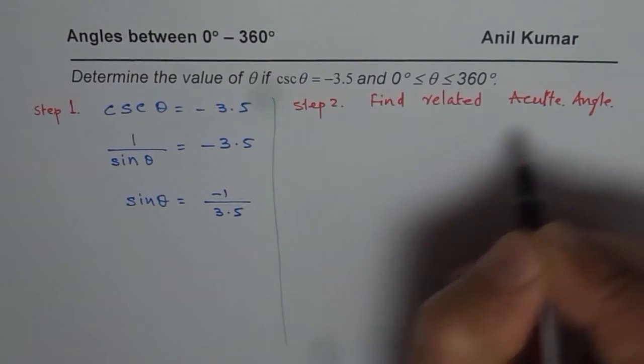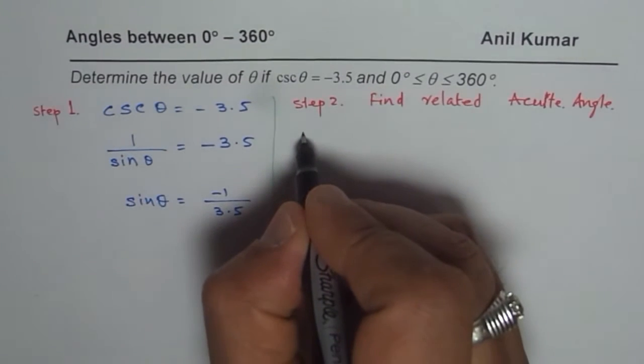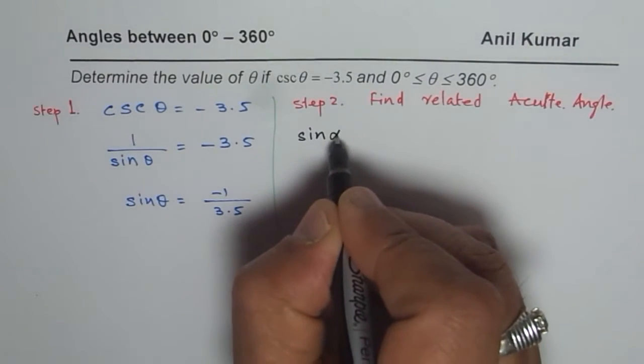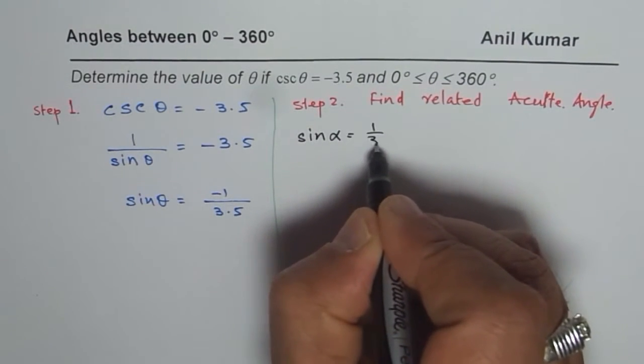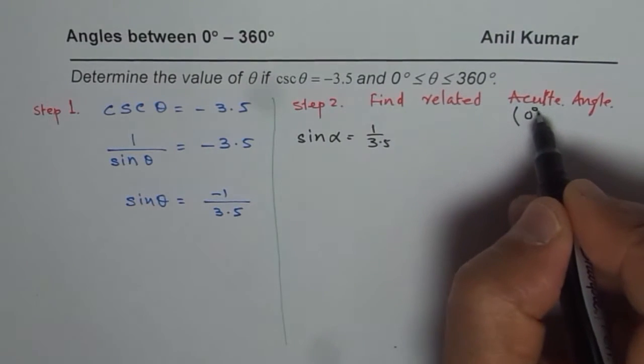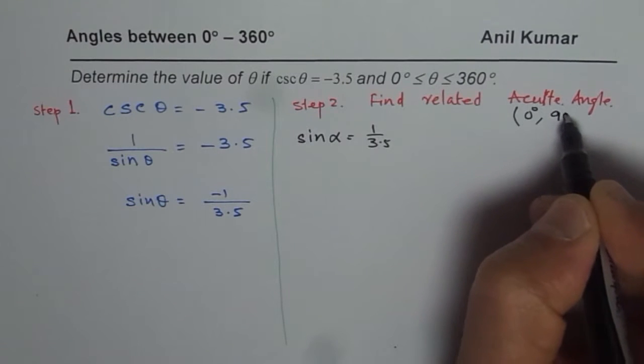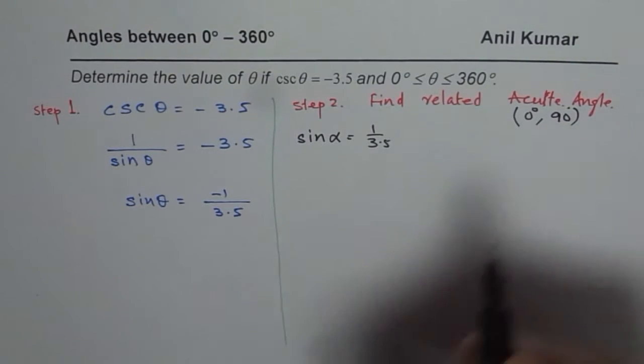What do I mean by saying that? It means we'll find what sine alpha is. Let's say the acute angle is alpha. This is sine alpha equals 1 over 3.5. An acute angle is between 0 degrees and 90 degrees, correct?